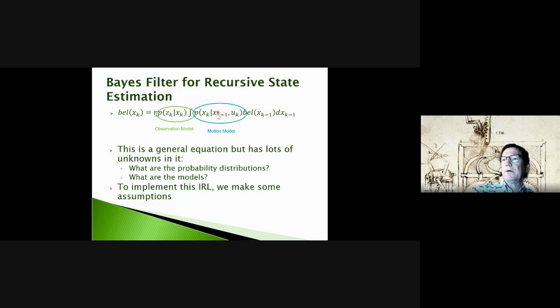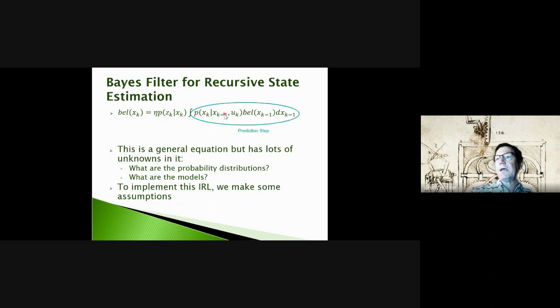Given where we were and some system input, there's some probability that we'll be at this x of k location. So this is our motion, and it's a probability. This is our observation. It's also a probability.